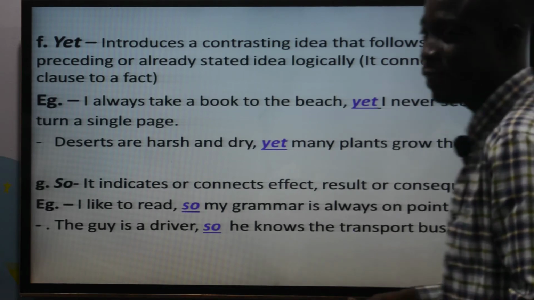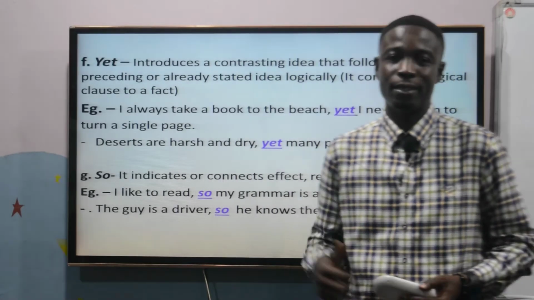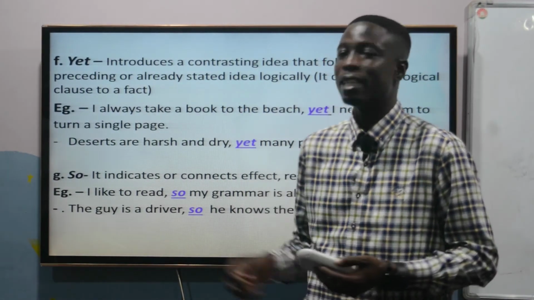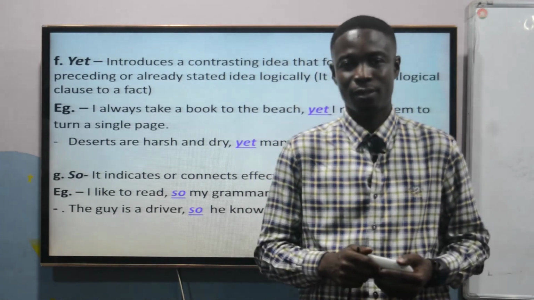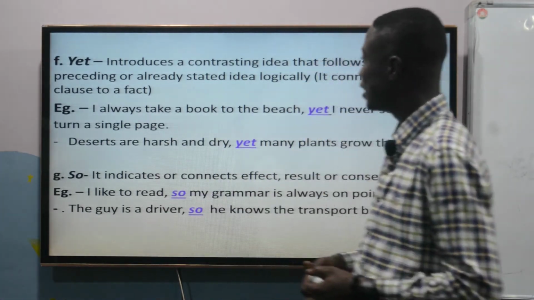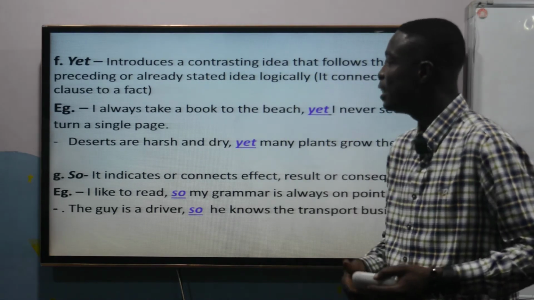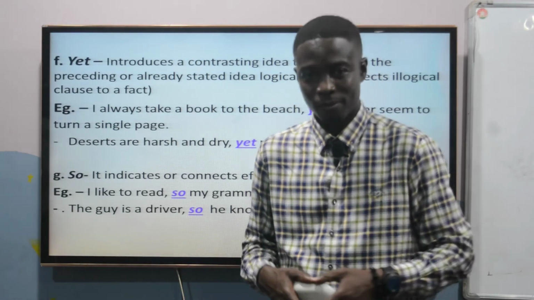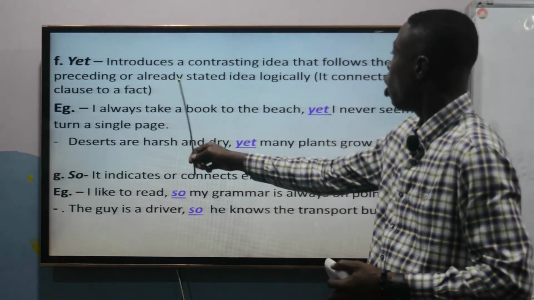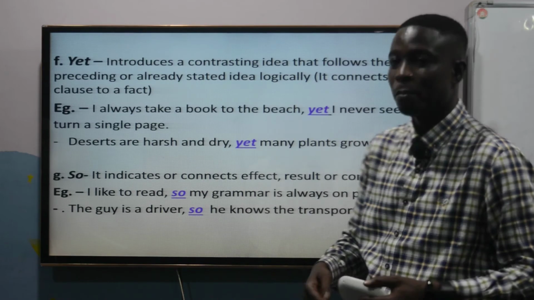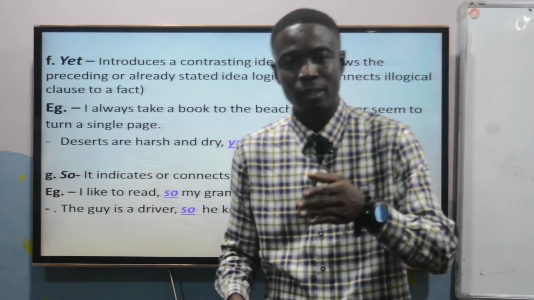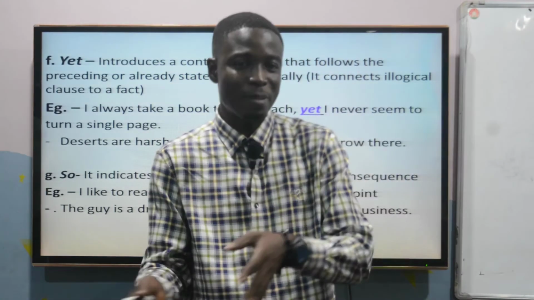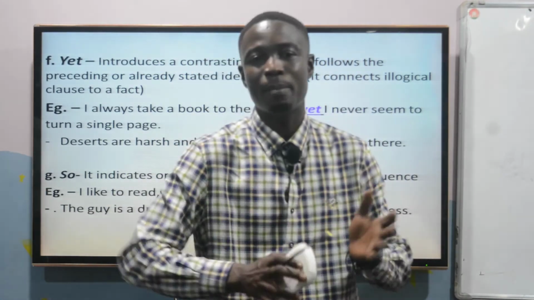As we explained with "but," "yet" is similar to "but." And here, in "yet," the contrasting idea is stated later on. The already stated idea, which we expect to be logical, is followed by a second statement that wouldn't be logical, just as in "but."